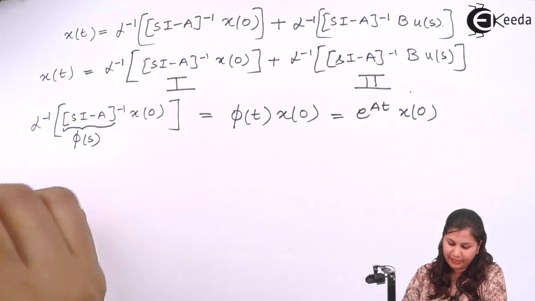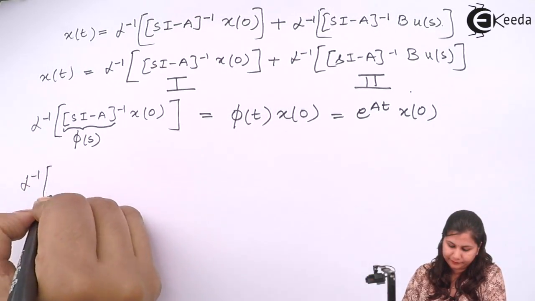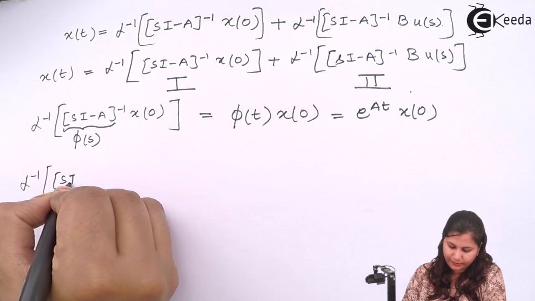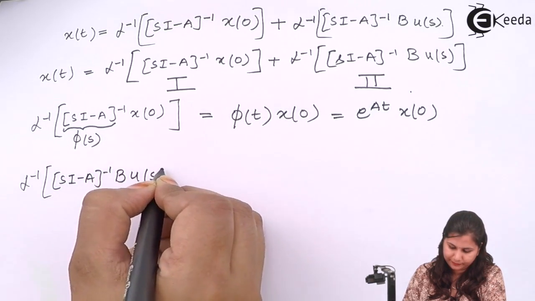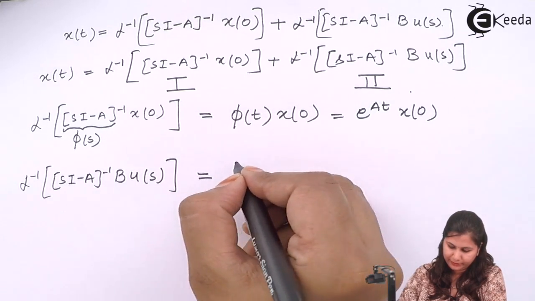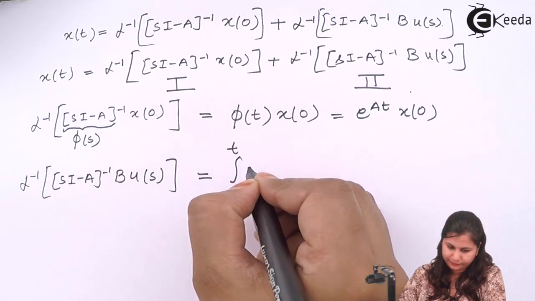Now the second part we have (sI minus A) inverse BU(s). So it will be integral from 0 to t.